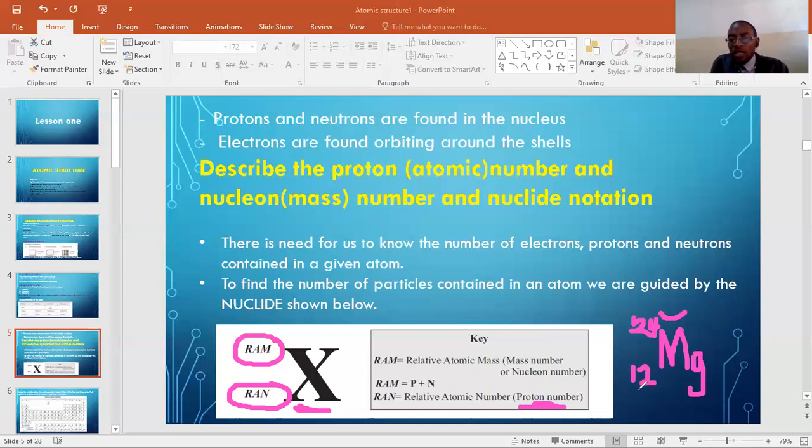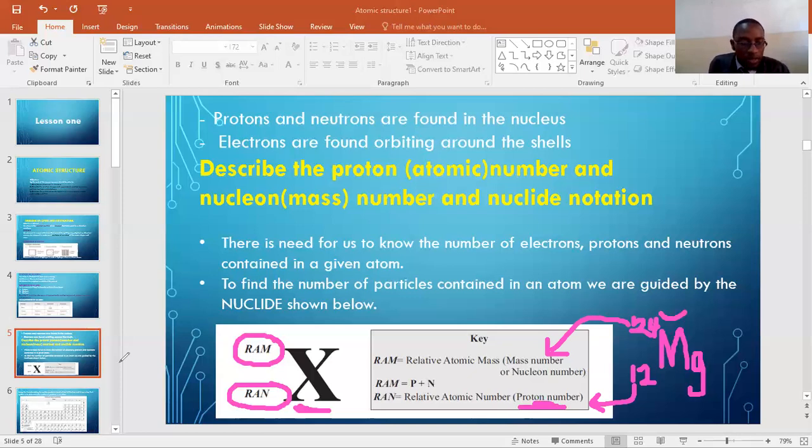The meaning of that number is it's called the proton number. What we have on top can be referred to by those three names: relative atomic mass, mass number, or nucleon number. What is found at the bottom is the relative atomic number, or commonly called the proton number.